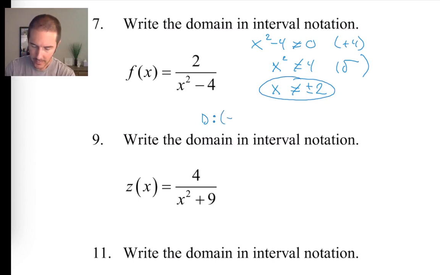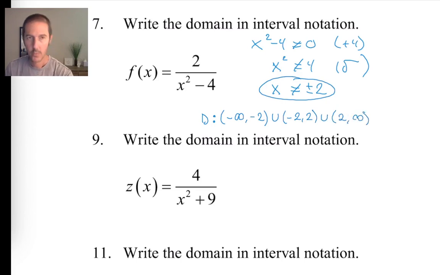That is any of the x values from negative infinity up to negative 2, excluding the negative 2 with an open bracket, or we can use the values between negative 2 and positive 2, but excluding negative and positive 2 again with the open brackets, or we could use x values that go from 2 all the way up to positive infinity with an open bracket on the 2 and on the positive infinity. Positive and negative infinity, always taking open brackets.